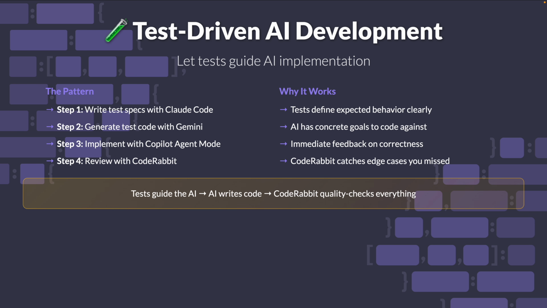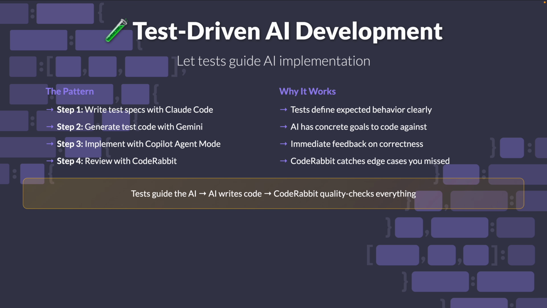And now here's another pattern you can use to kind of combine different AI tools. You can first write tests with Claude Code. Then you can generate test code with Gemini. You can implement with Copilot agent mode, saying something like implement the payment service to pass all these tests.